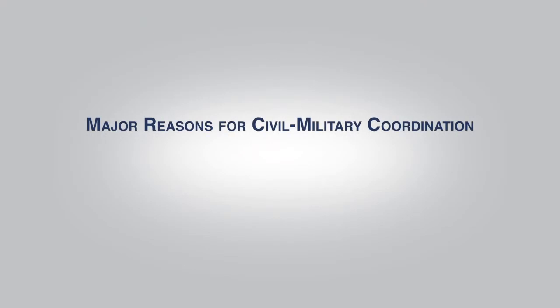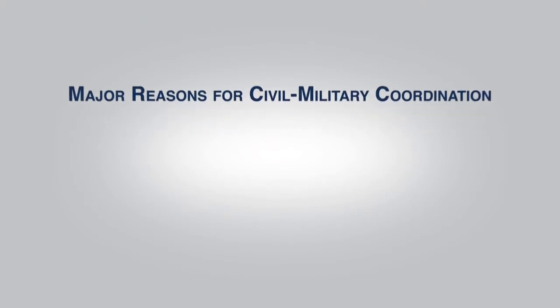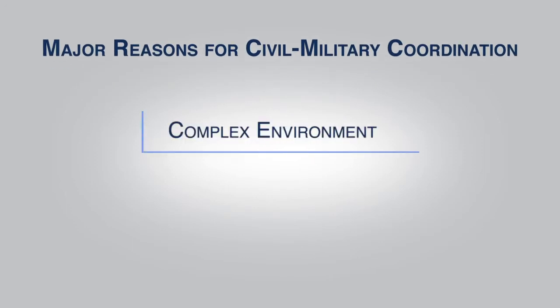Now, the other thing that's really important to remember is that civil military coordination is done for two major reasons, two imperatives, if you will. One is this very complex environment that we're working in: all kinds of different actors working at different speeds for different purposes, and making sure that at least we're not interfering with each other as much as possible, but more working closely together.